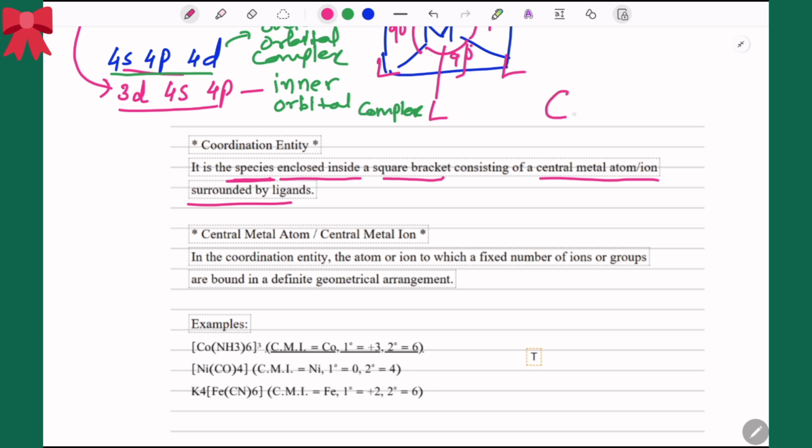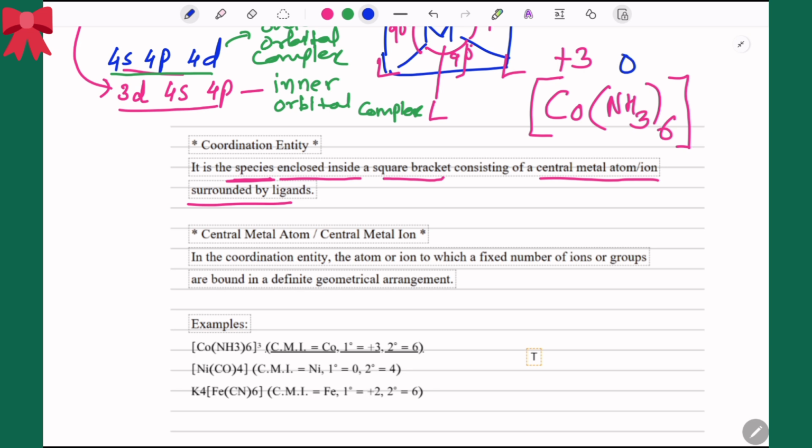The best example, I would suggest, is to take cobalt or chromium and attach it with some neutral ligands like water or ammonia. How many times? 6 times, because cobalt generally has a coordination number of 6. It is fixed, okay? The secondary valencies are fixed, but the primary valencies are variable. And of course, cobalt's oxidation state is +3 most of the times.